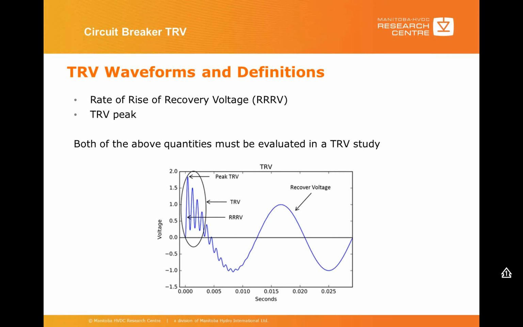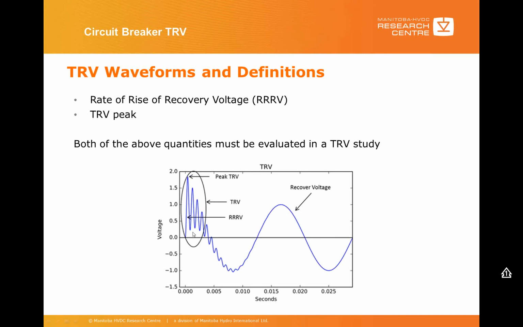Let's investigate a little bit what the important features of this kind of recovery voltage waveform are. As you already mentioned, the recovery voltage has a transient period and then a power frequency recovery period.